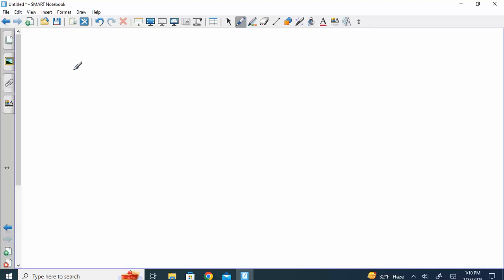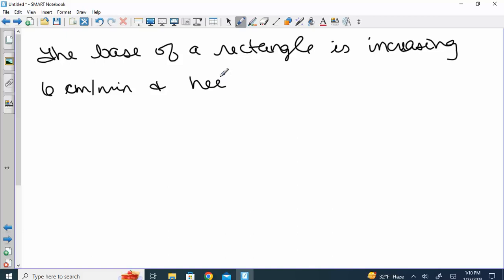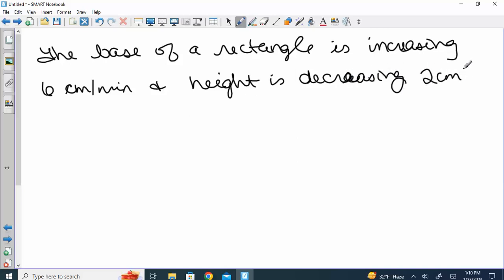So, all right, let's say the base of a rectangle is increasing 6 centimeters per minute, and the height is decreasing 2 centimeters per minute.